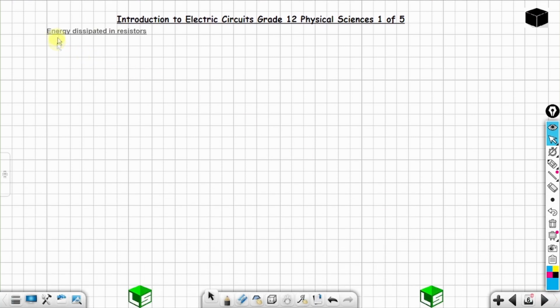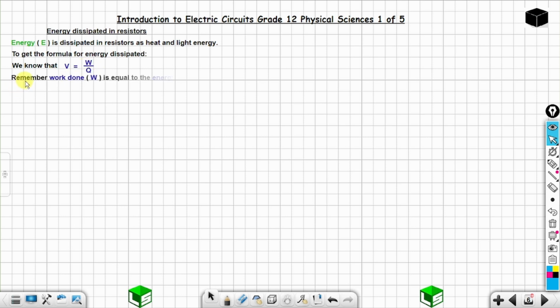Okay, energy dissipated in resistors. Energy is dissipated in resistors as heat and light energy. How can you get the formula for energy dissipated? We know from the previous slide that the voltage is equal to the work done over the charge.